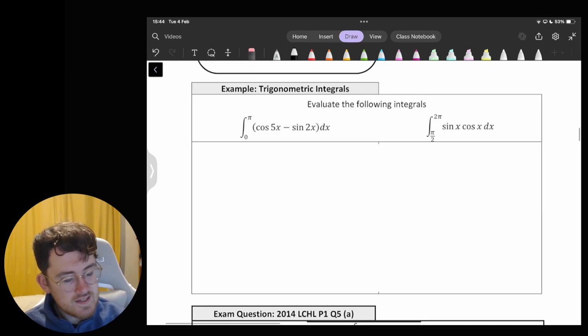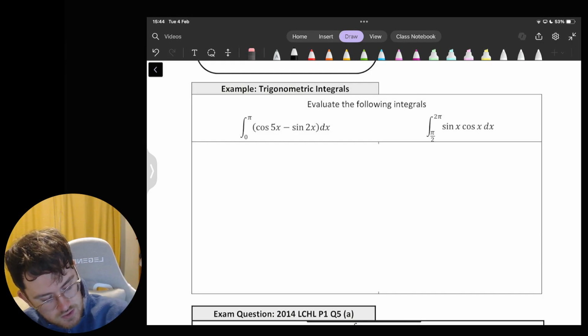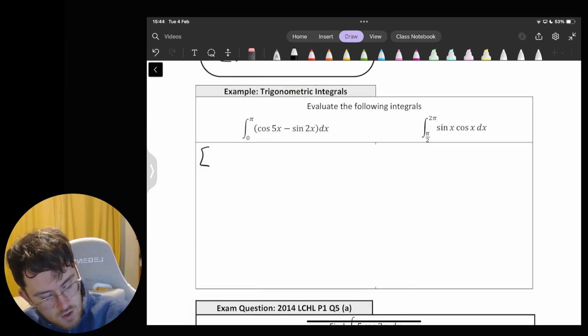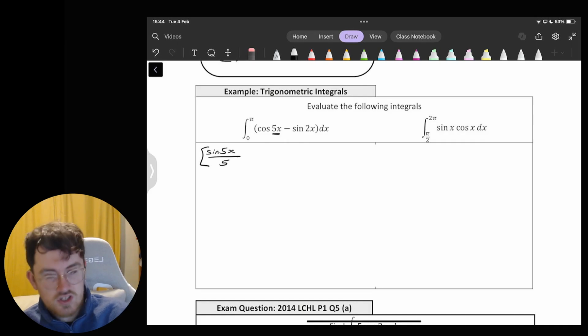So we'll look at some of these examples here, two definite integrals, so I'm given particular values to use for angles here as well. Cos 5x minus sine 2x. Cos of 5x, well, cos integrates to sine, so sine 5x, and we divide by 5, which is the derivative of the angle part here.